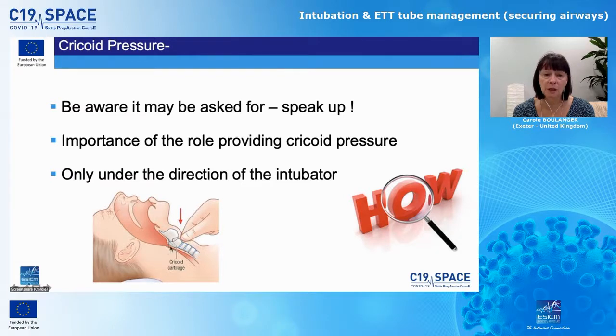And what you can see here is that the cricoid cartilage, by having direct pressure placed on that membrane, actually occludes the esophagus. And what that does is that prevents the patient from aspirating gastric contents during the intubation procedure. And it should only be done under the direction of the intubator, because it can actually impact on how good or poor a view they get when they're using the laryngoscope to try and view the cords.